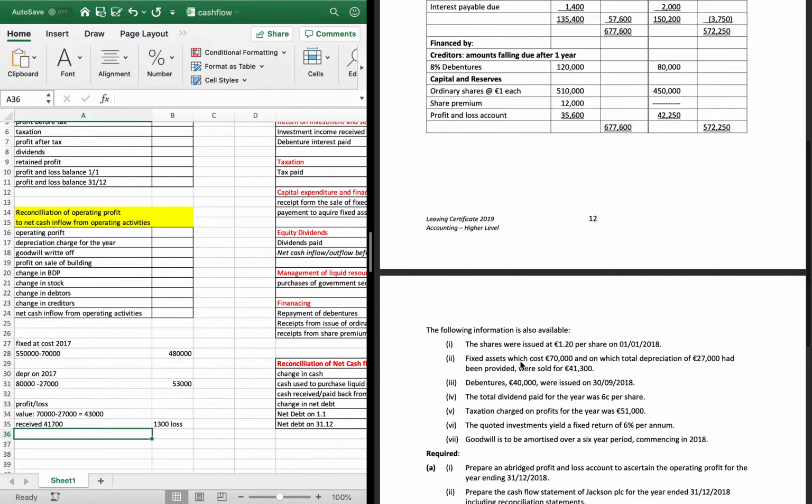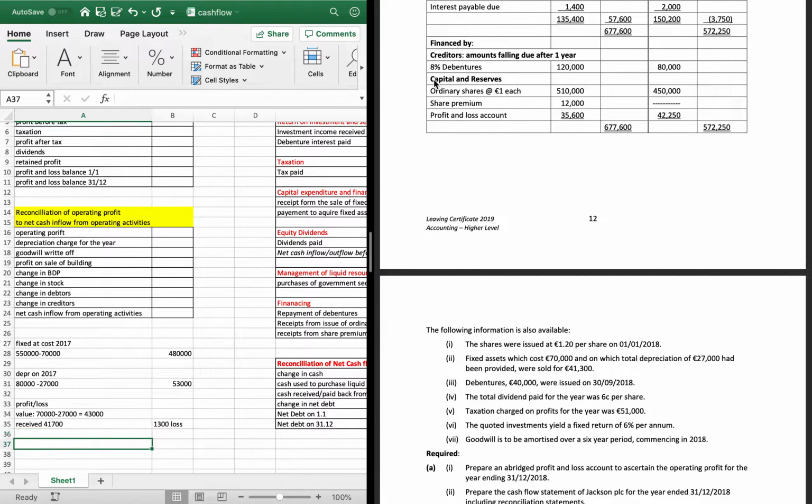Next one is debentures. It tells us debentures were issued on the 30th of the 9th. So I'm going to go up and look at that. Debentures from last year were 80,000, and then there's debentures of another 40,000 issued, and that brings us up to 120. And it tells us they're 8% debentures.